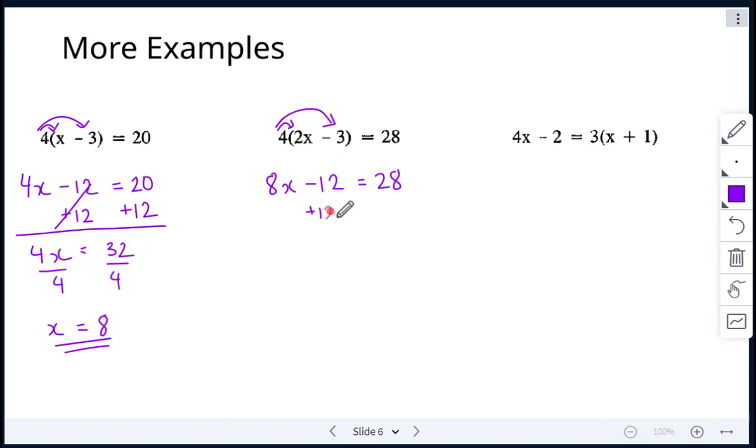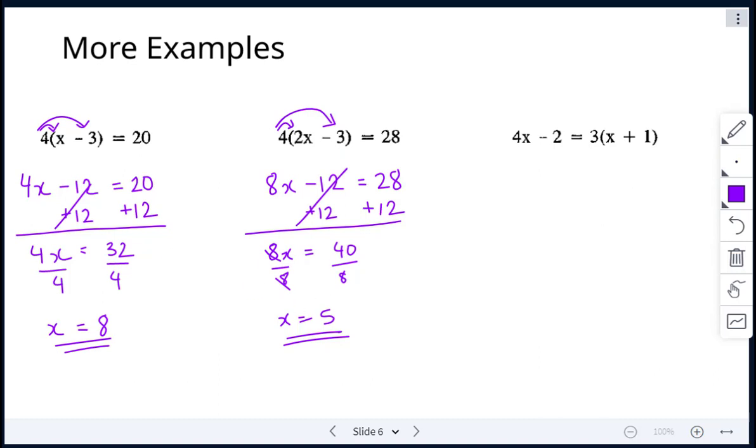We just have to add the 12 to both sides. That leaves me with 8x is equal to 28 plus 12, which is 40. Now I just have to divide by 8 on both sides. So x is equal to 40 divided by 8, which is 5.